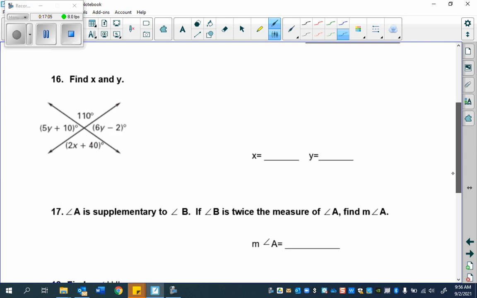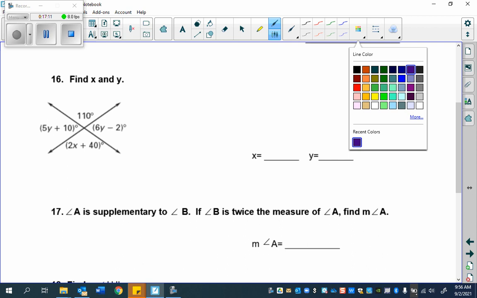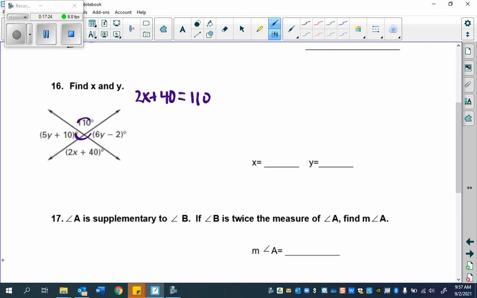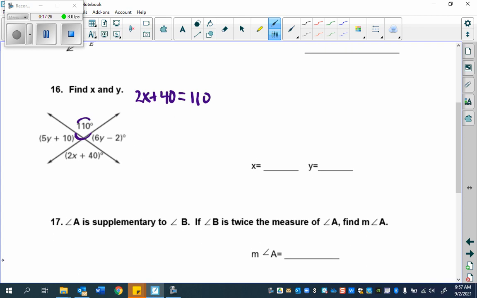Next up, find x and y. So we need to take this into two parts. That's okay. We'll go ahead and say 2x plus 40 has to equal 110 because these two angles are vertical. So we can go ahead and subtract 40 from each side.